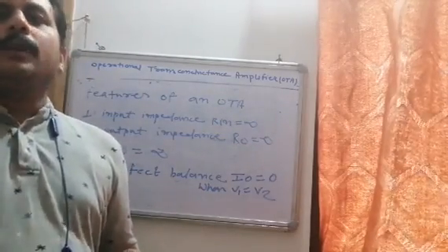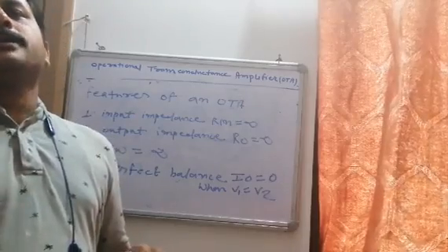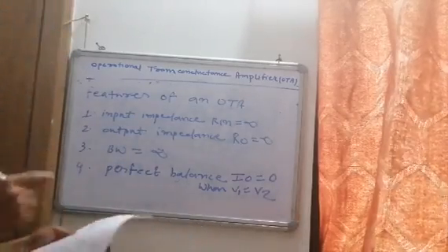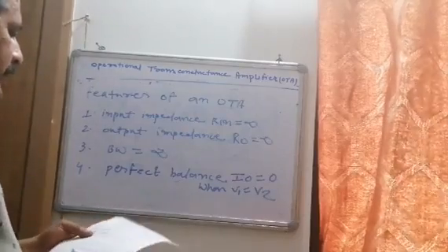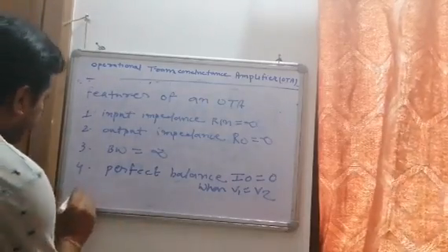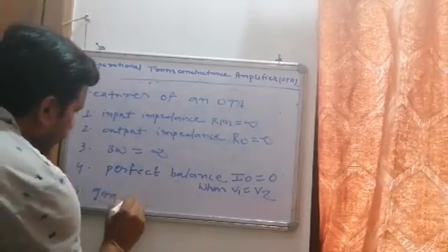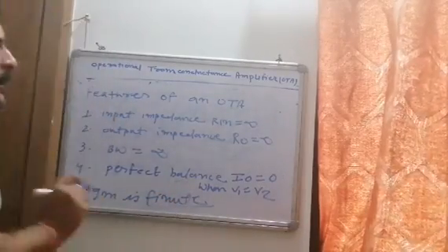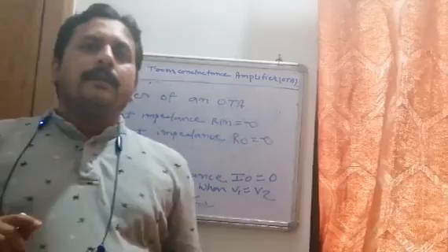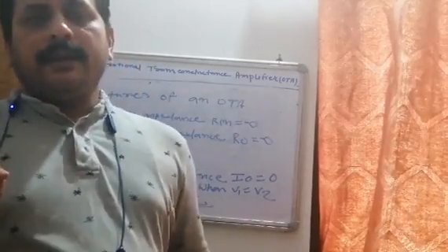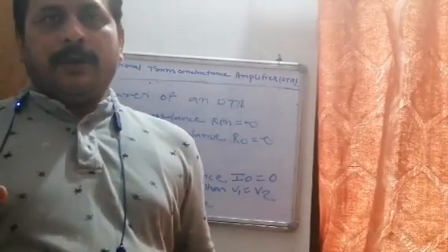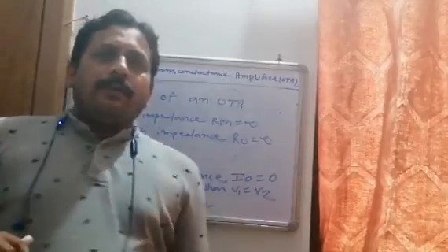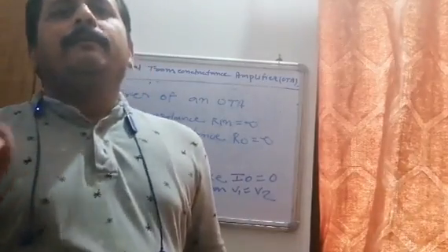If V1 equal to V2, it means V1 minus V2 equal to 0. So I naught will be 0. And apart from this, transconductance value GM is finite and depends upon the bias current or bias voltage, and it can be tuned with the help of pin 5.